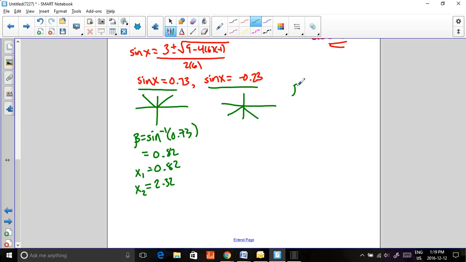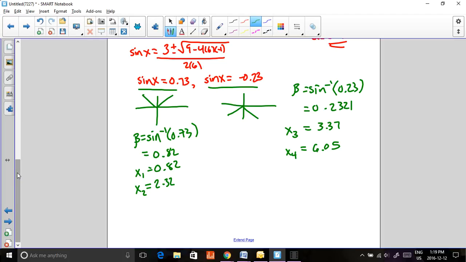Here we find our beta by taking the inverse sine of 0.23, which gives us a beta of 0.2321. And so then our x3 is pi plus beta, which gives us 3.37. And our x4 is 2 pi minus beta, which gives us 6.05. I'm not writing all the steps of pi plus beta because that's review at this point. I'm just trying to focus on the new learning for today.